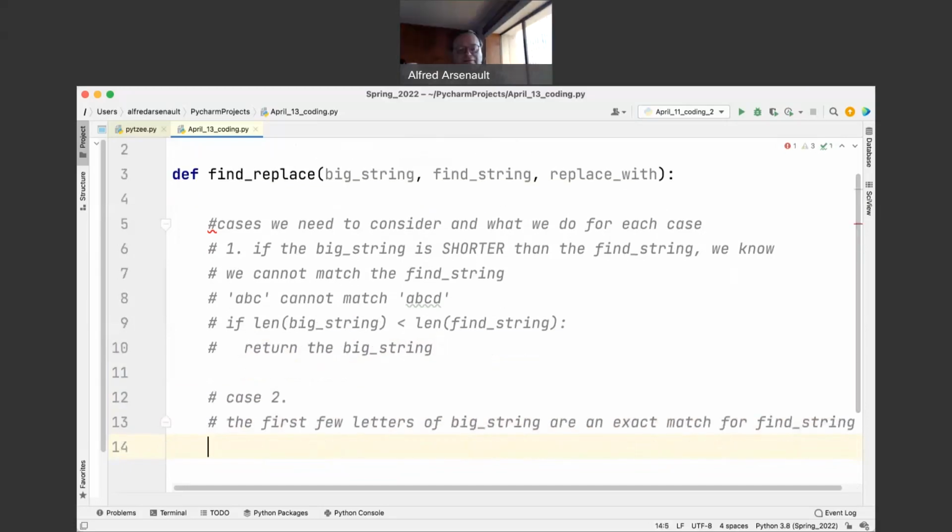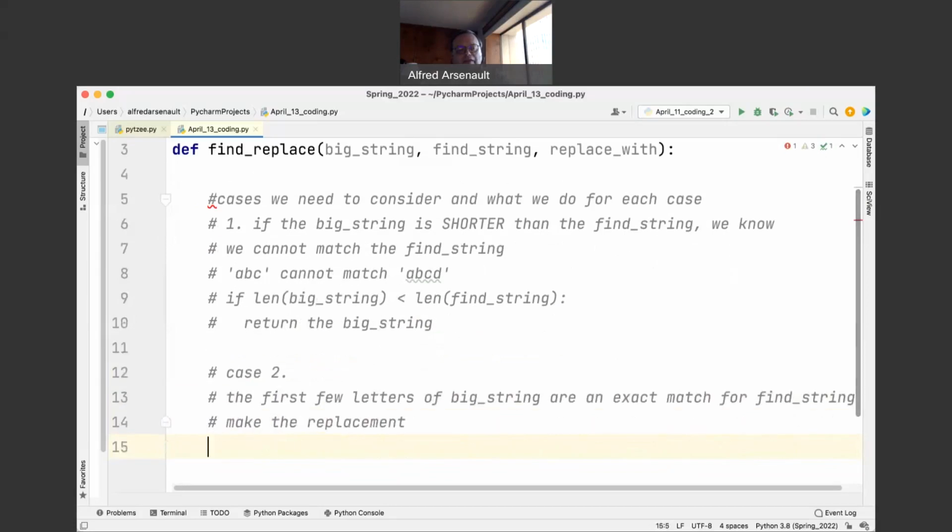What we do then is we make the replacement, and then we recursively call the function with the rest of the big string.